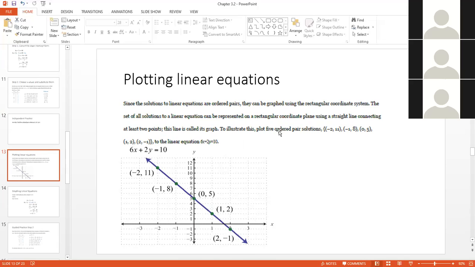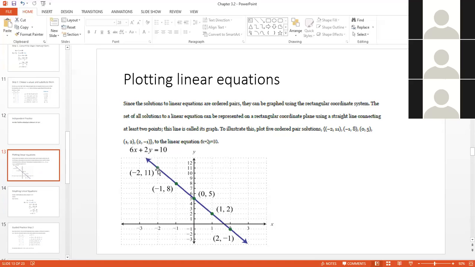So to illustrate this, plot 5 ordered pair solutions, -2, 11, -1, 8, 0, 5, 1, 2, and 2, -1, to the linear equation 6x plus 2y equals 10. They gave us 5 ordered pair solutions to this linear equation. They plugged in some random numbers and solved for the y variable and got these ordered pair solutions.